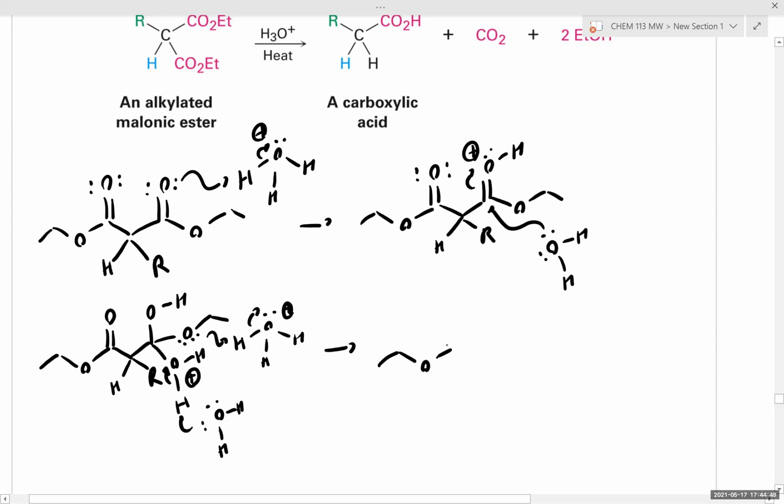From here, we've now set up and prepared our ester alcohol as a leaving group. So we can then kick out that leaving group to regenerate our ester carbonyl.